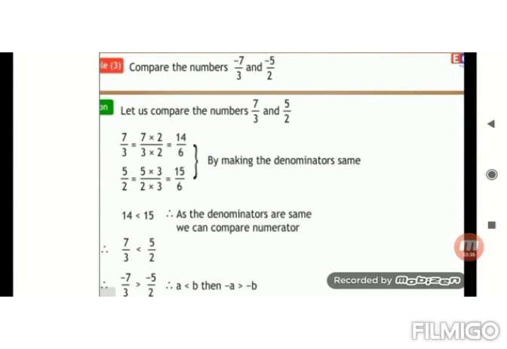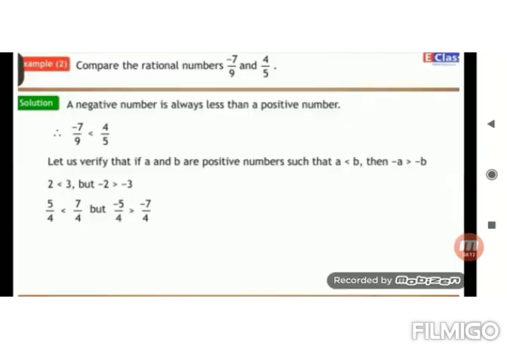When we multiply 7 upon 3 by 2, we get 14 upon 6, and 5 upon 2 by 3, we get 15 upon 6. Now the denominators are the same, that is 6, and the numerators are 14 and 15. 15 is bigger than 14. Therefore, when we consider the positive numbers, 5 upon 2 is bigger than 7 upon 3. But here the numbers are negative. Therefore, minus 7 upon 3 is bigger than minus 5 upon 2.